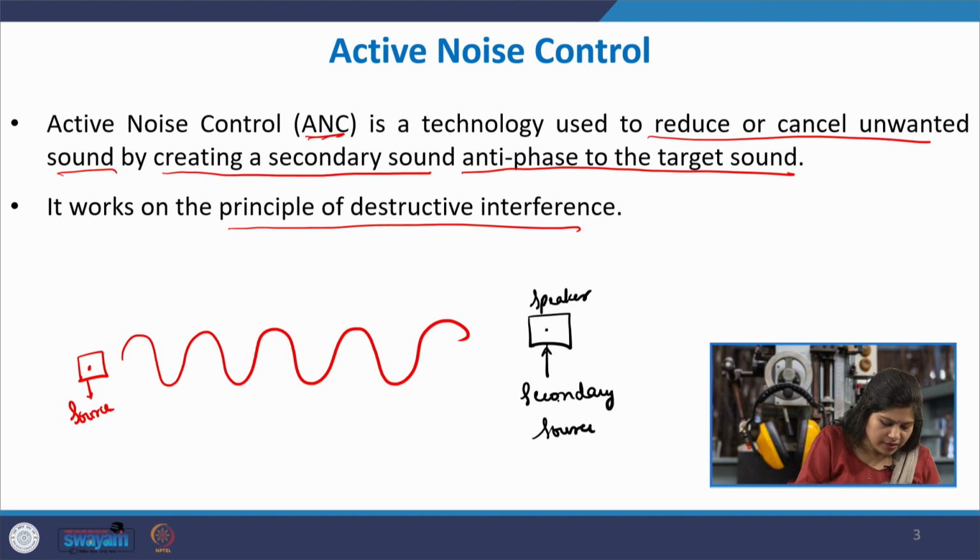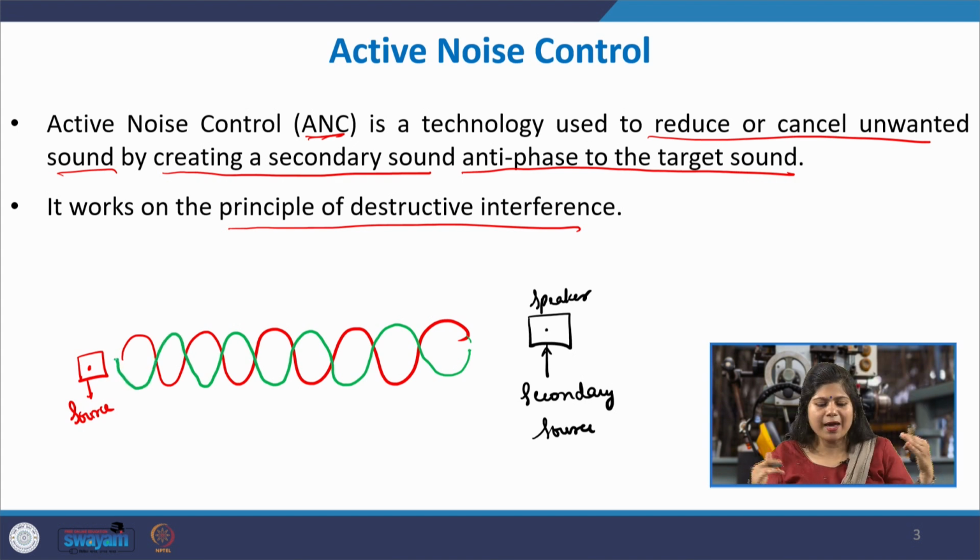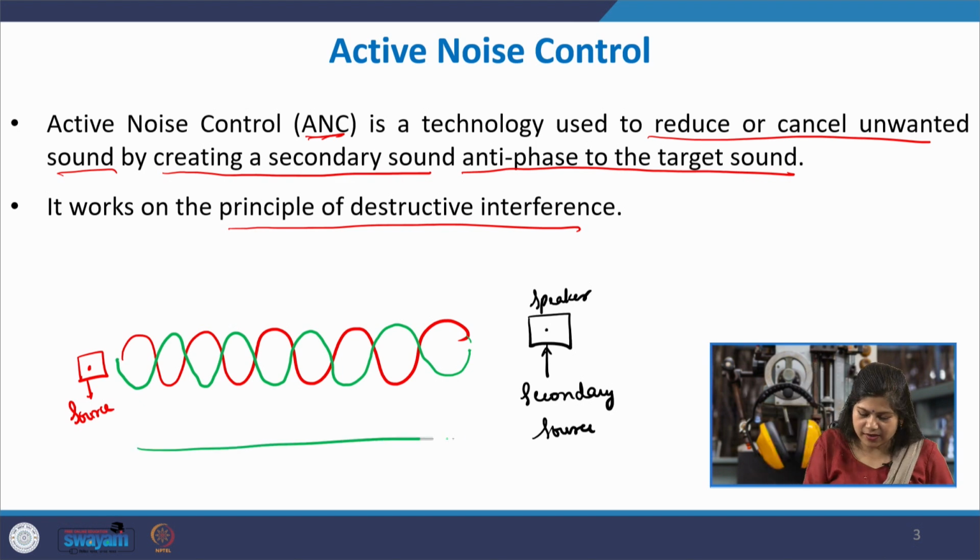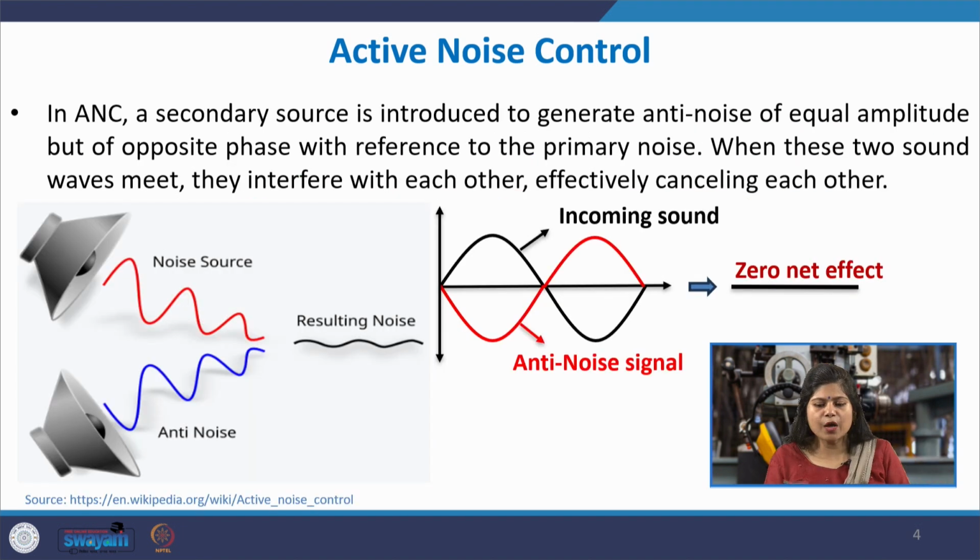The secondary source should always create the sound which is in antiphase. So, 180 degree phase shift, exactly the same waveform, 180 degree phase shift with this. So, the two waves will destructively interfere, causing a flat signal. This should be the end result. So, that is how it works.